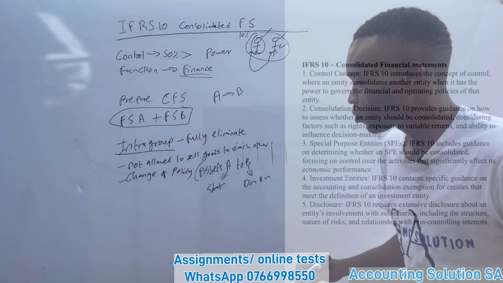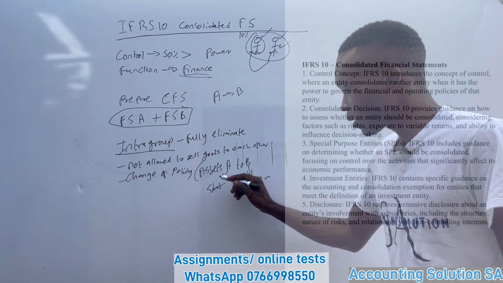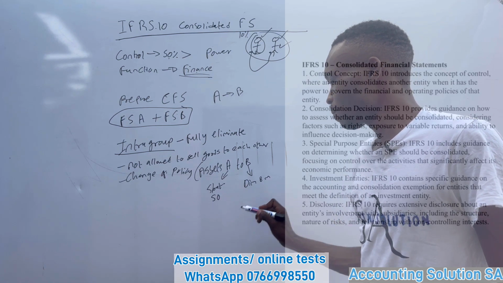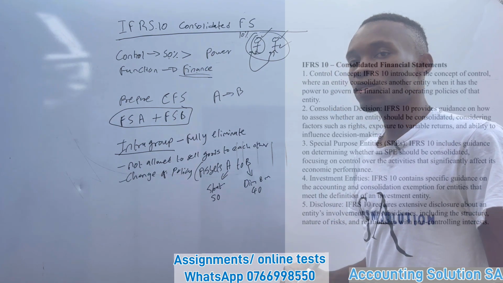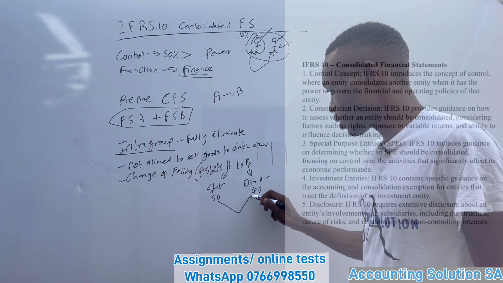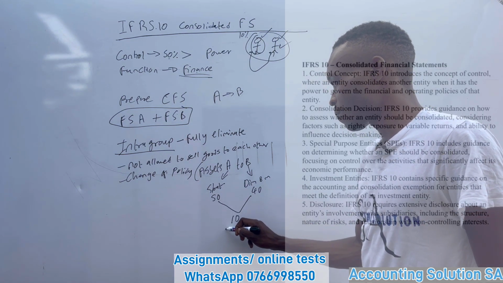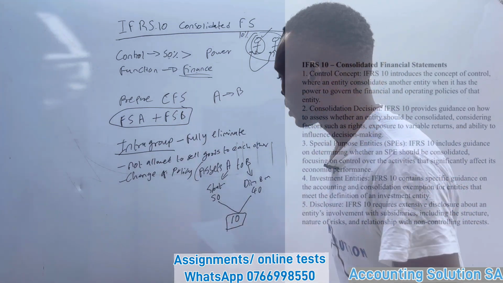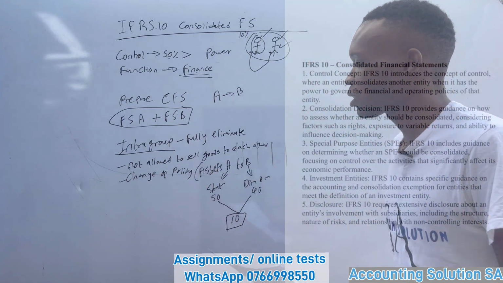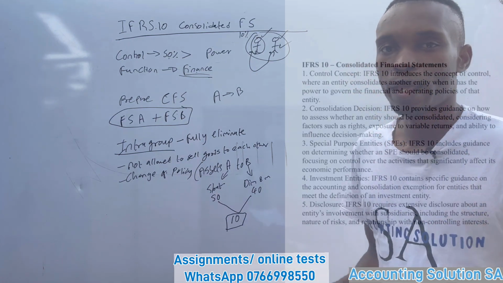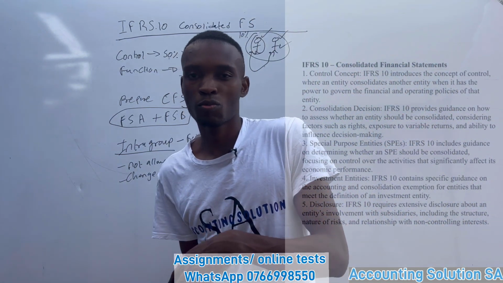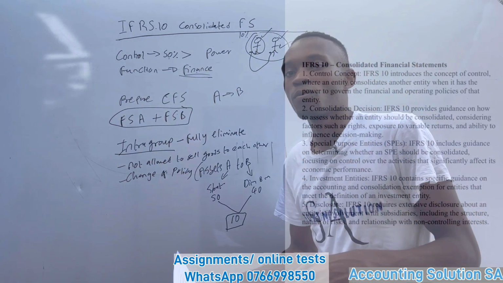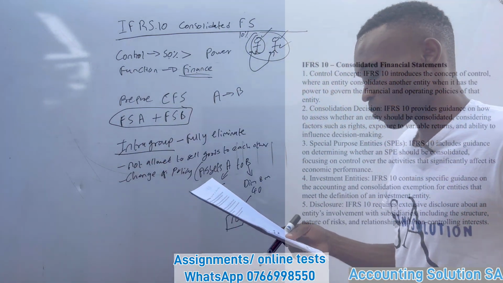It's not allowed to change the method, which means that if depreciation on this side was 50 and on this side now is 40, what you need to do is add the difference of 10 to consolidate the financial statements. It's not allowed to change the policy. They assume it's like moving from one room to another room, not from one entity to another entity, because we're in the same group.